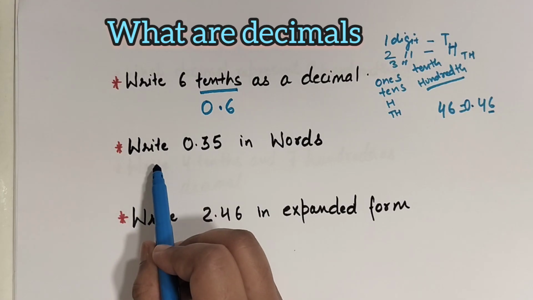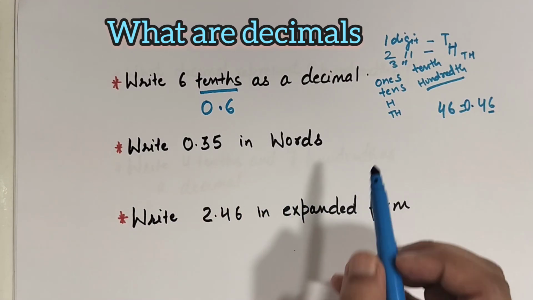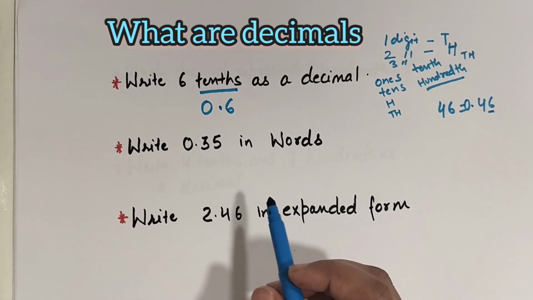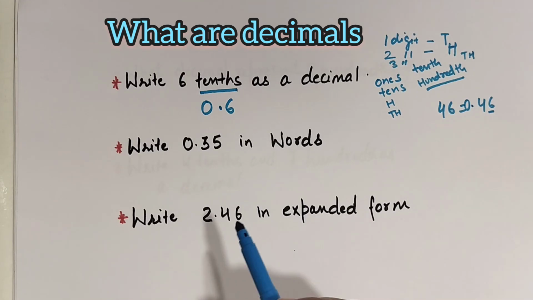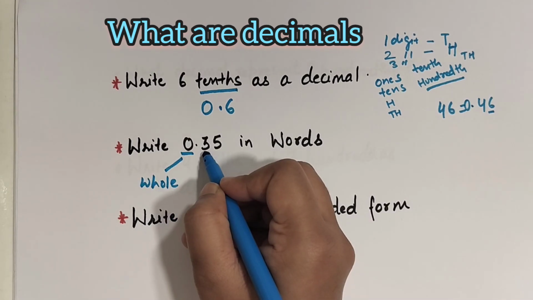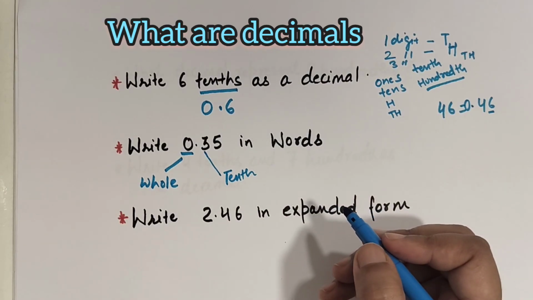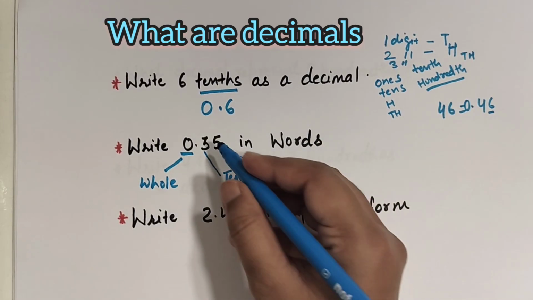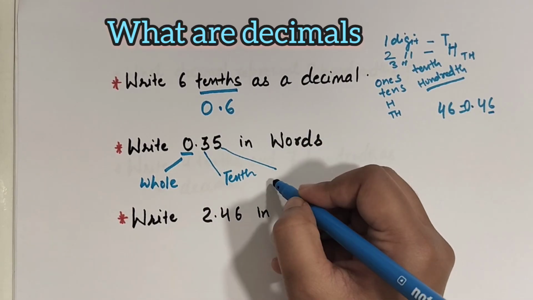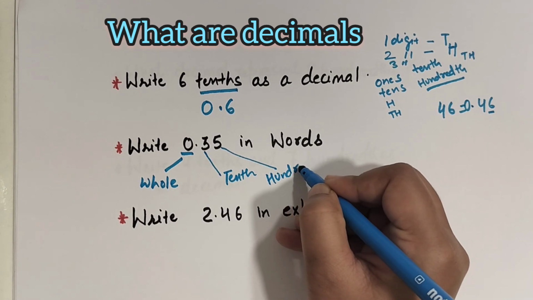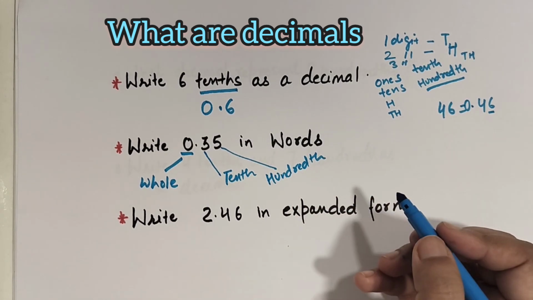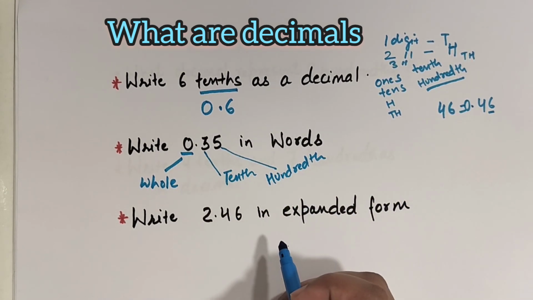Now we have to write 0.35 in words. We need to say which position the digits are holding. So 0 is holding the whole number, the 3 is the tenths digit, and the 5 is the hundredths digit, because they are after the point.